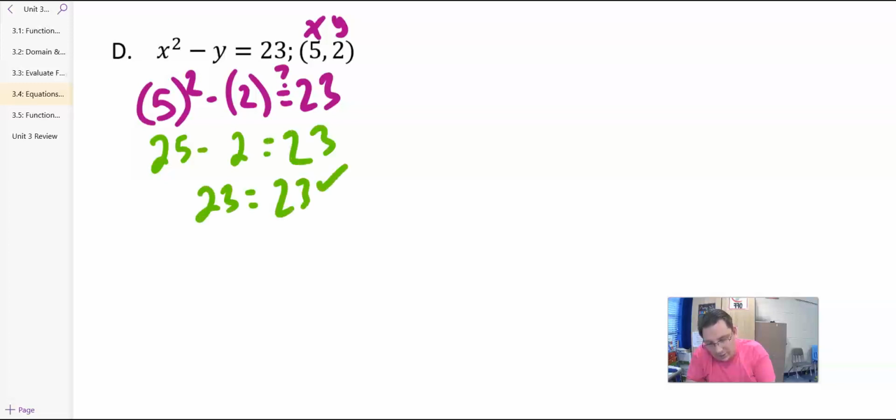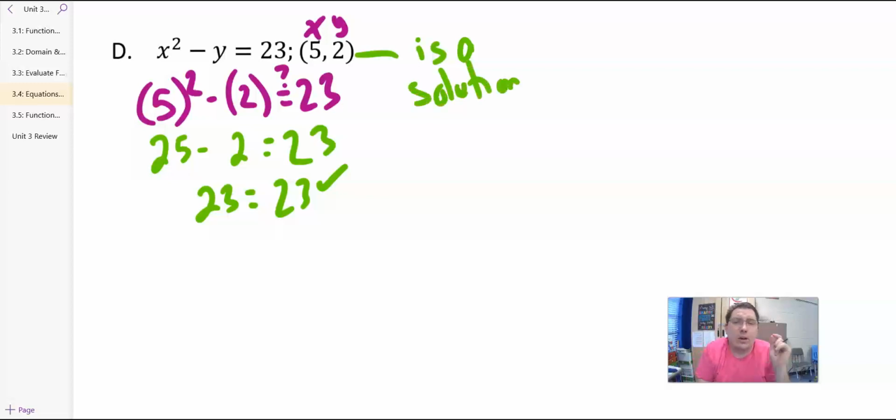So it checks out. And so (5, 2) is a solution. And so we just found 2 different ordered pairs that are a solution to the same equation. And we will actually find many ordered pairs that are the solution to these equations. Okay?